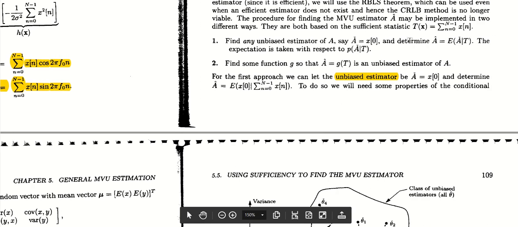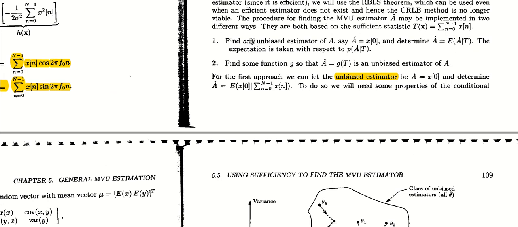What that means is we are using this procedure. First we take an unbiased estimator. Of course, if you take the first sample and take the expectation, it's definitely unbiased. So this business is easy. But to determine this, it's a bit more difficult.